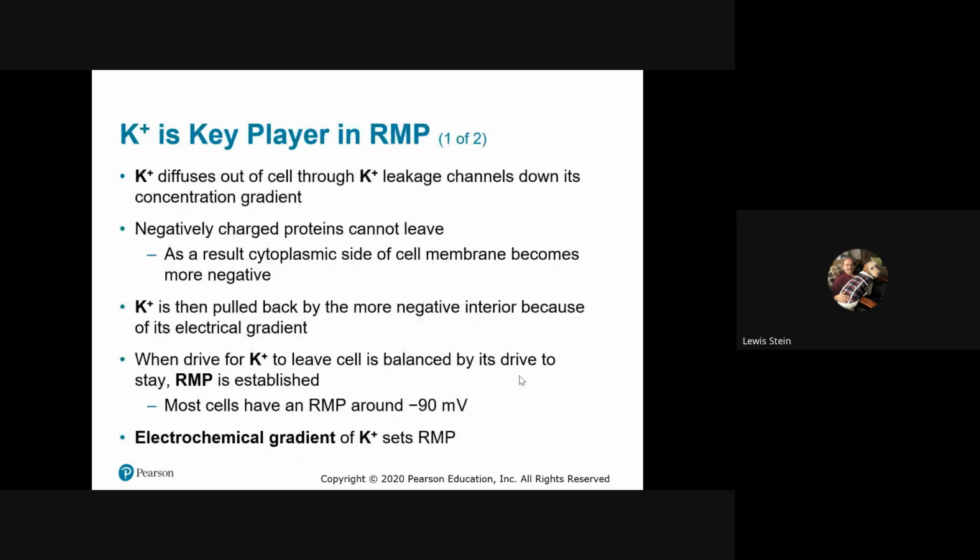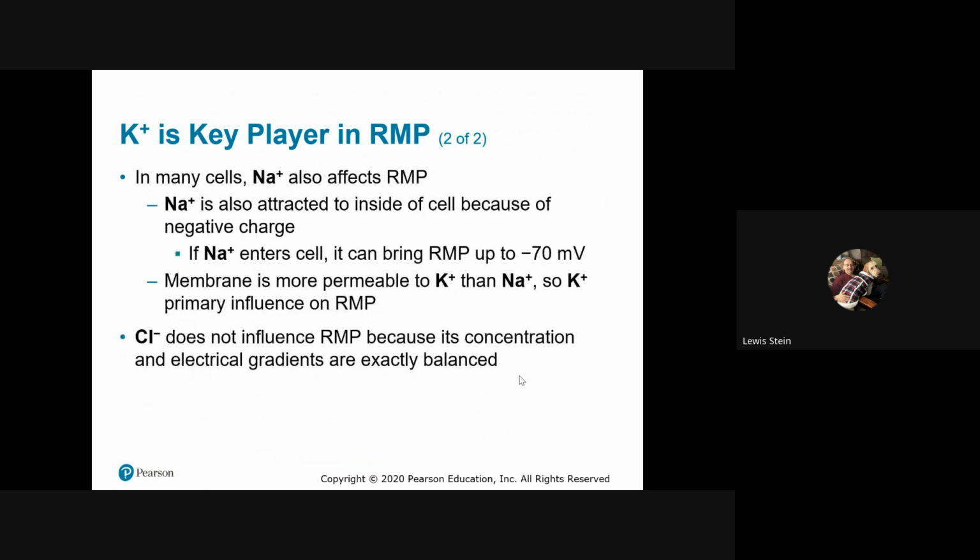And so the resting membrane, and this is more potassium out than sodium coming in because of those leak channels, and a fancy term we call it electrochemical gradient. And if you scroll through this, you're going to see that right across the membrane is on average, in most cells, minus 70 millivolts.